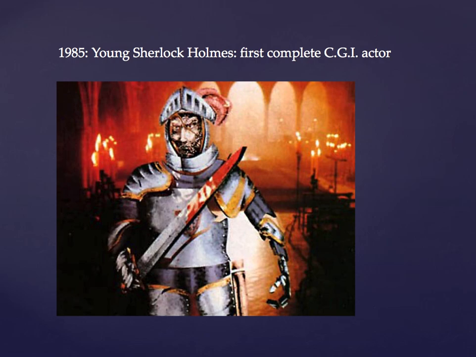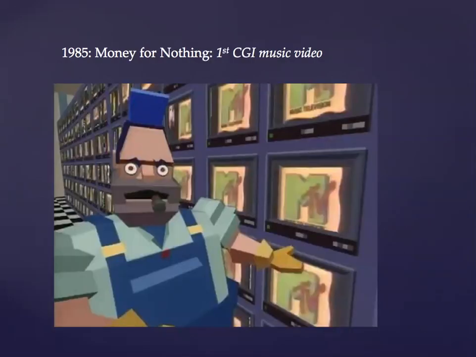And another one that's kind of fun, it didn't really break any boundaries or anything, but it's a wonderful music video that Dire Straits made for Money for Nothing. And I've linked to it. That's when MTV was really getting a foothold, and people were putting lots and lots of money into music videos, Michael Jackson's music videos, Peter Gabriel's amazing music videos.